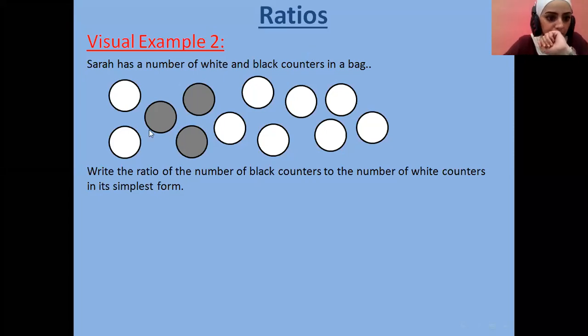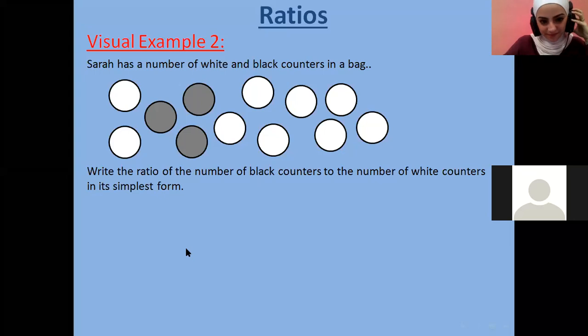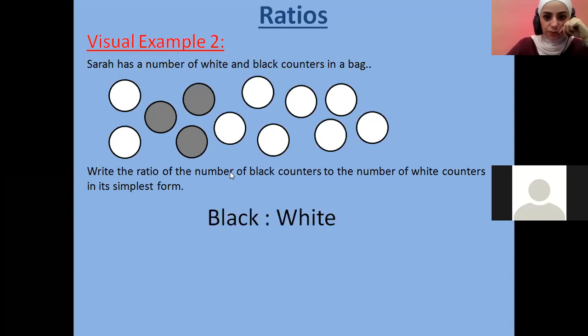Yes, Samer. It's going to be 3 to 9. 3 black, yes, and how many white? Let's count: 1, 2, 3, 4, 5, 6, 7, 8, 9. Yes, so it's 3 to 9.